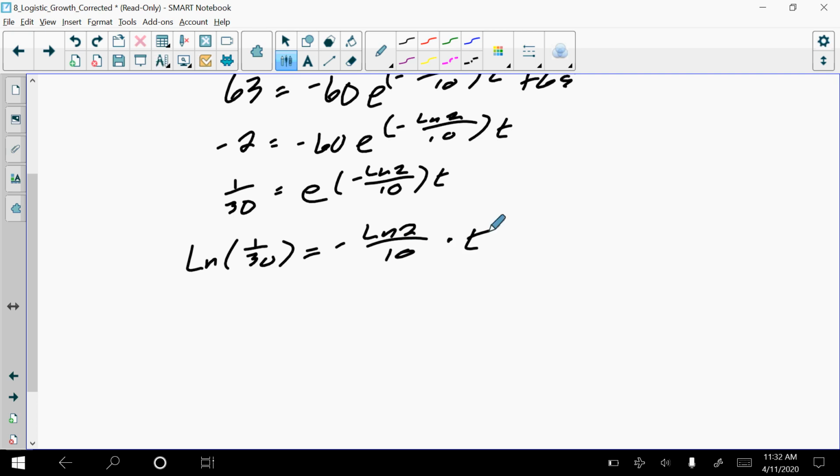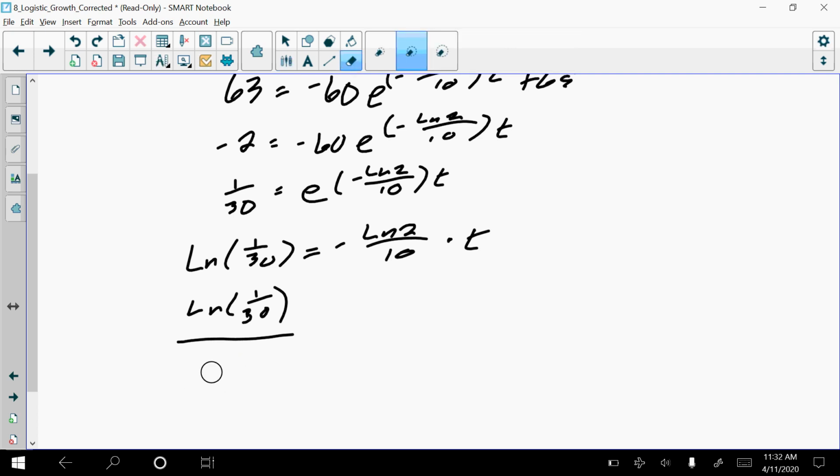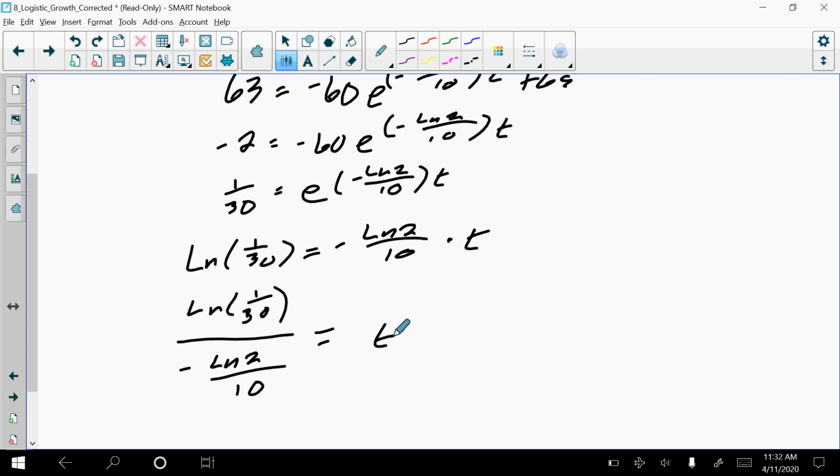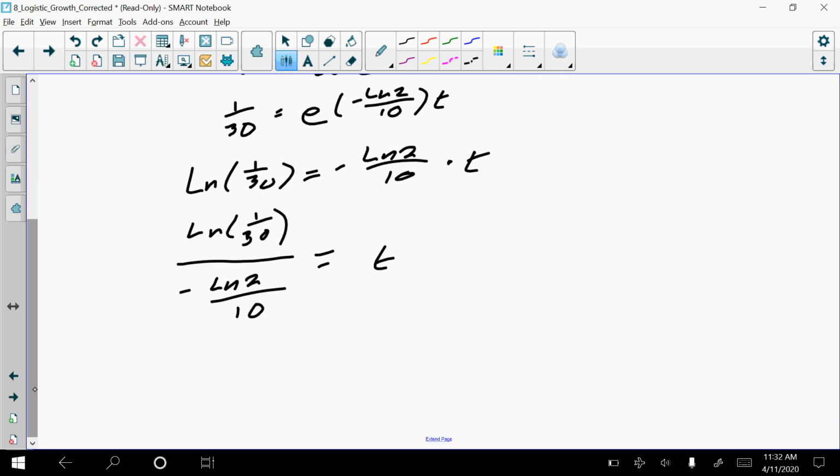So I'm going to divide by the negative natural log of 2 over 10, and we're just using a calculator to type this in. So we get the natural log of 1/30 over negative natural log of 2 over 10, and you just type that into your calculator. That would be good enough for the exact time as far as I'm concerned.